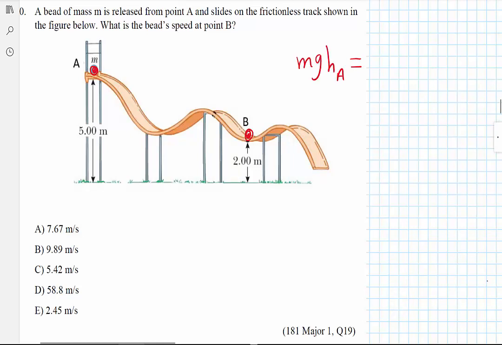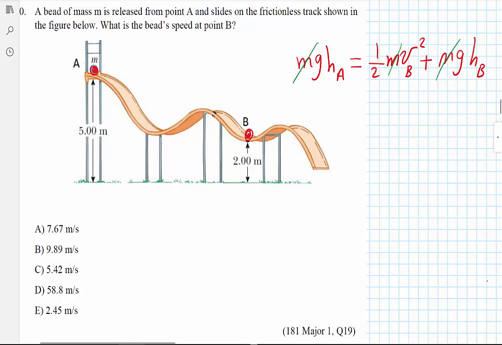But at point B, we have a height and we have a speed. As we have a height, which is 2 meters, we have mgh, a potential energy. And also, we have a kinetic energy, which is half times m times vb square. So we will equate the mechanical energy at A, which is mgha, to the mechanical energy at B, which is the kinetic plus potential.